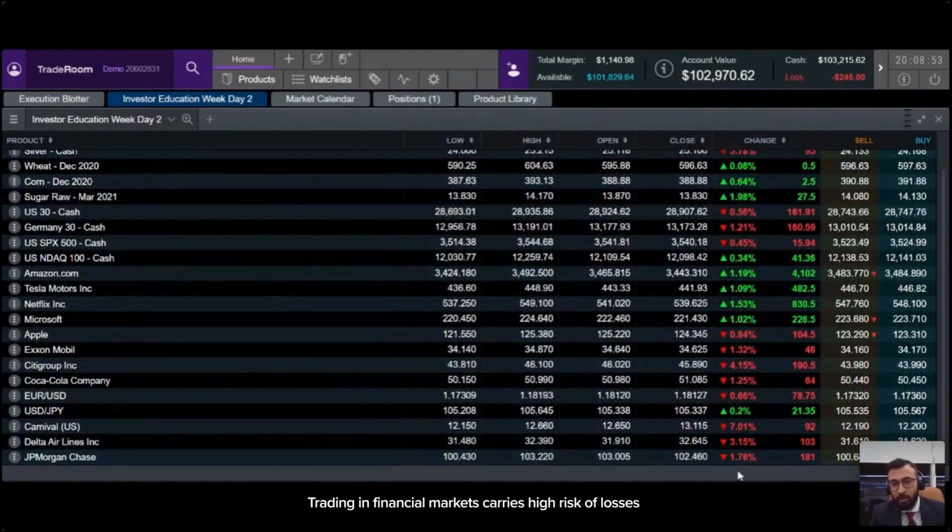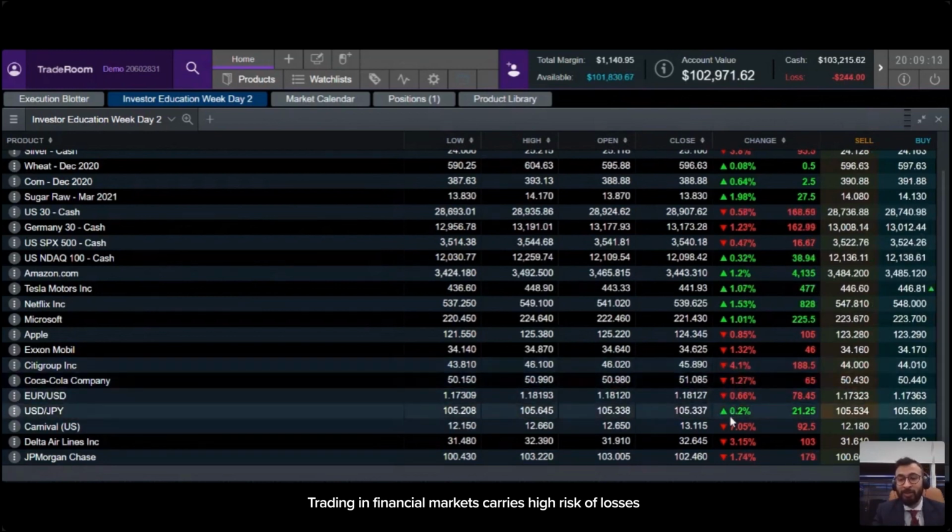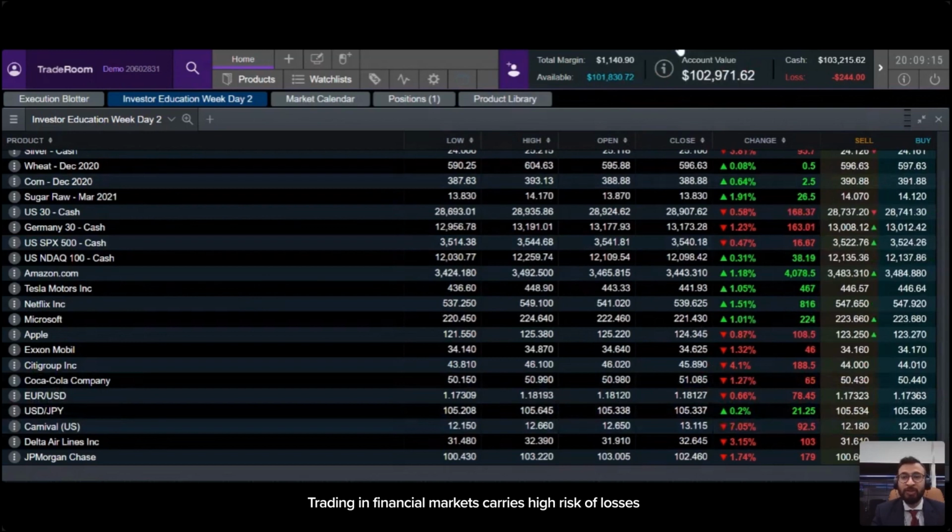Now, JP Morgan is down by 1.7%, but the high today is 103, and right now it is at 100. The moment it opened at a higher price, people started booking profit, and it came down. But companies like Citigroup went down 4%. Others came down by 3.5%, 7%. This is the impact of earnings. This is something which can bring a lot of volatility in your portfolio these days.